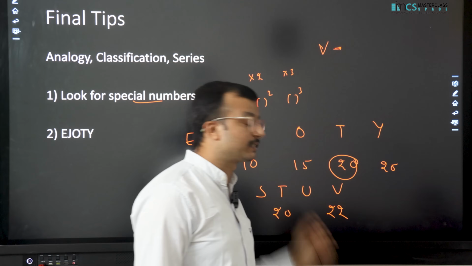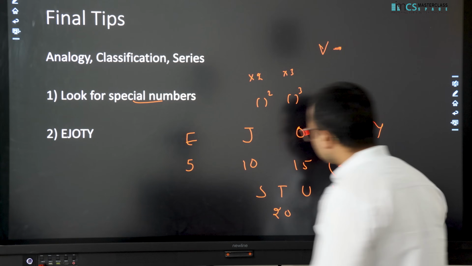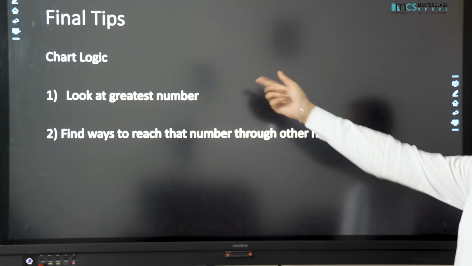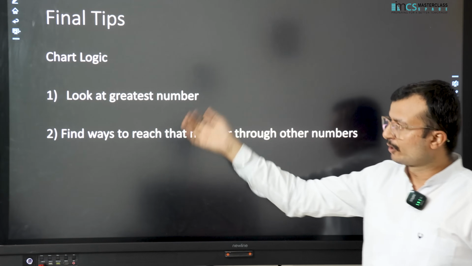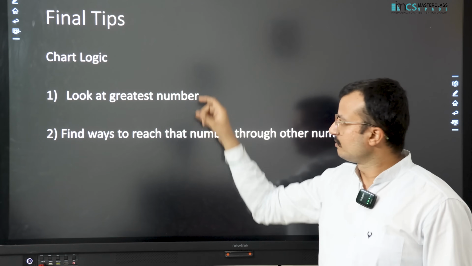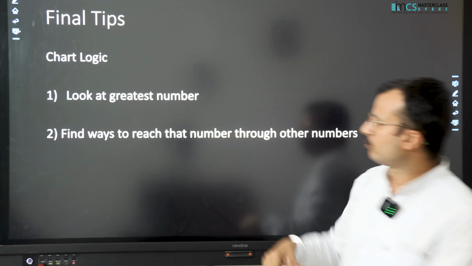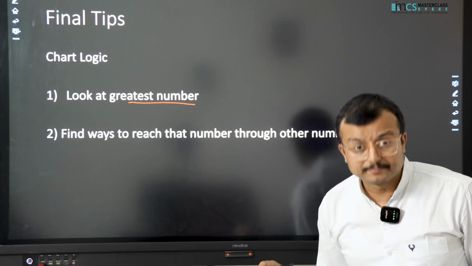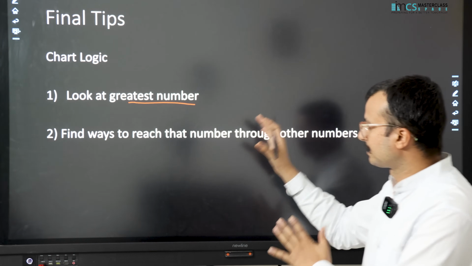Because in these kinds of questions, sometimes they are also asked. So remember this mnemonic. Chart logic. You remember the question we did there. What was the approach? Identify the greatest number. Usually that approach is the best approach.